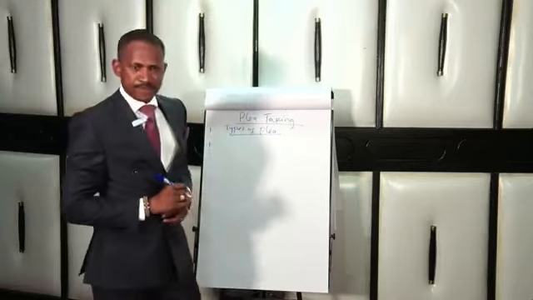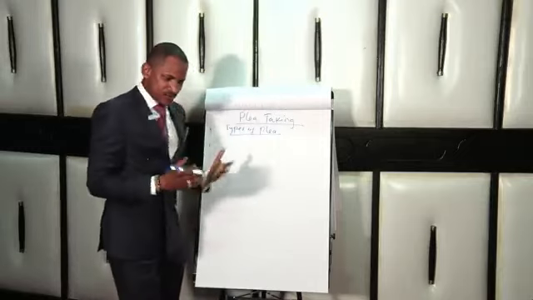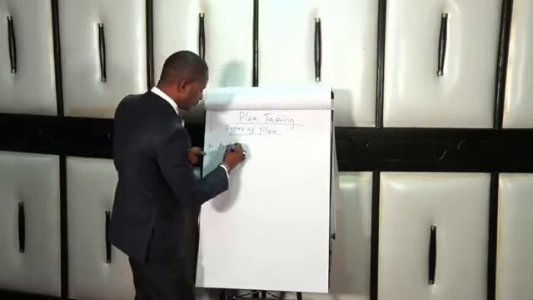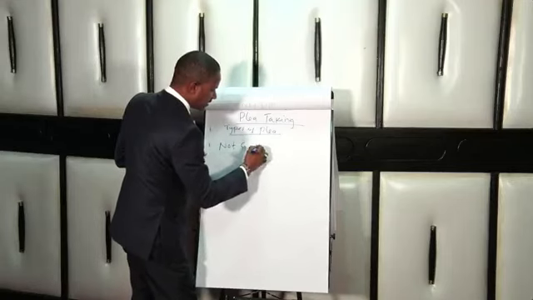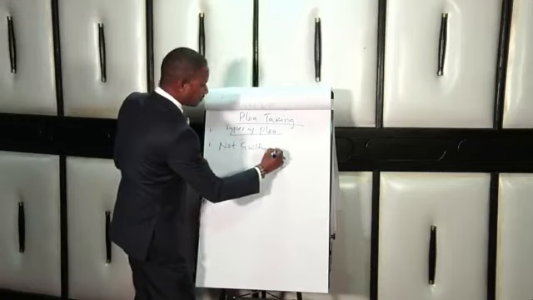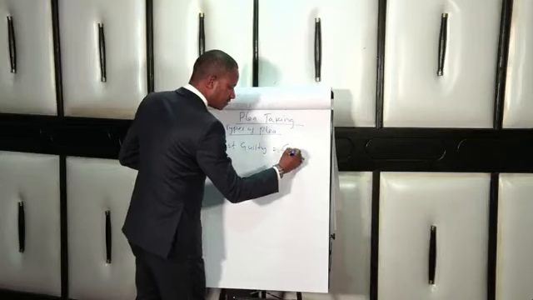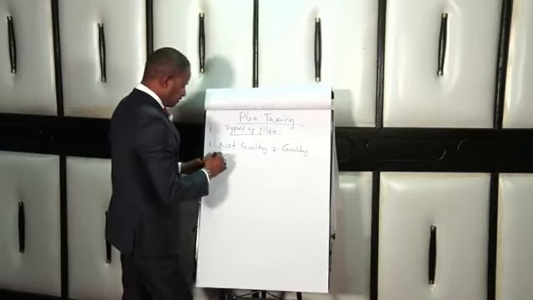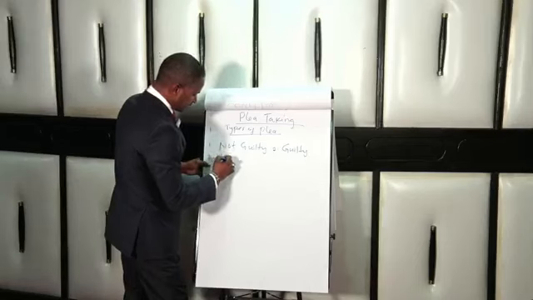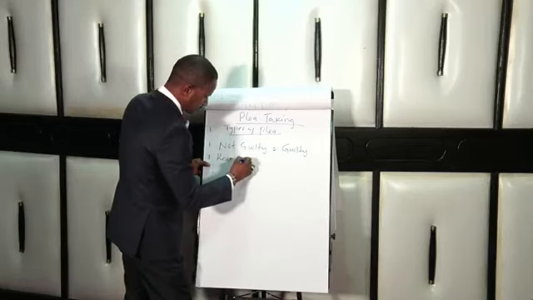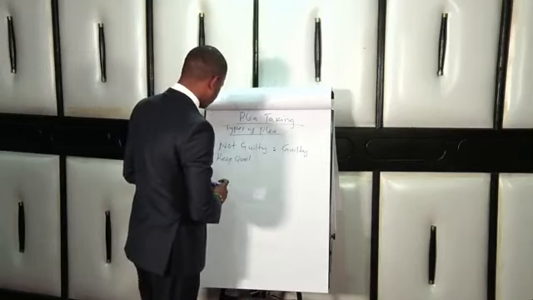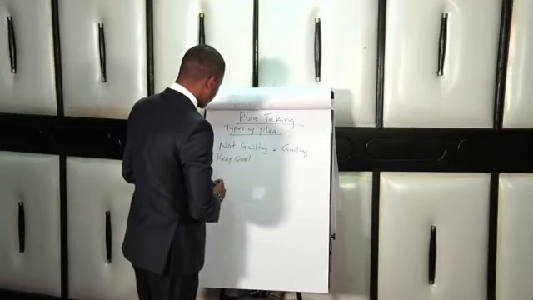The first one, you can plead normally and say, I'm not guilty. So you say, plea of not guilty. The second one, you say, plea of guilty. The third one, you keep quiet. Keeping quiet, or keeping mum, is something like that.